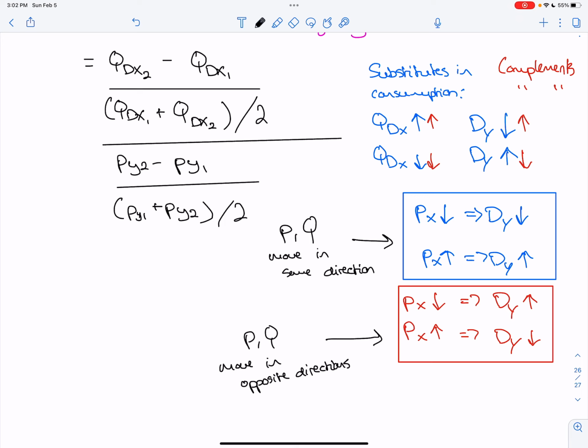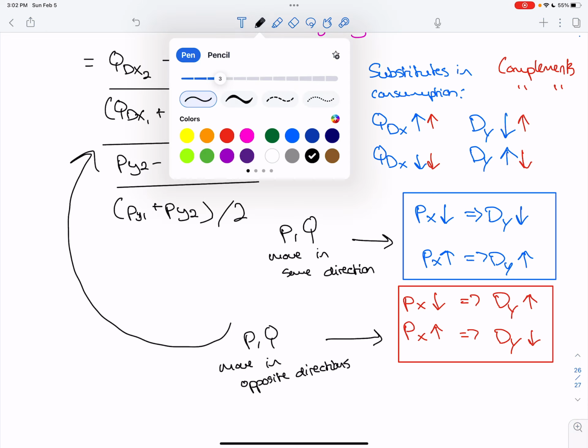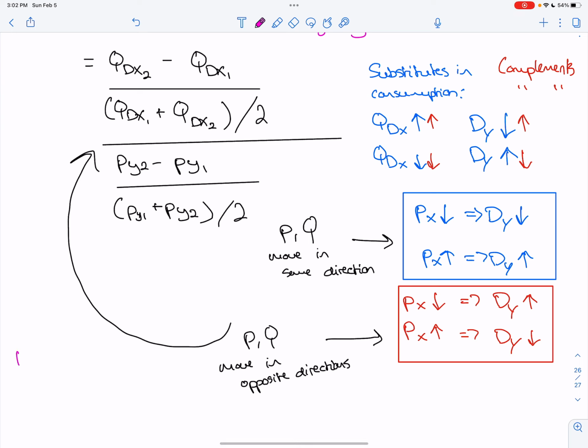So, what does this tell you about this equation right here? Well, if this equation comes out negative, that means that the change in price and the change in quantity demanded of the other good moved in opposite directions, right?